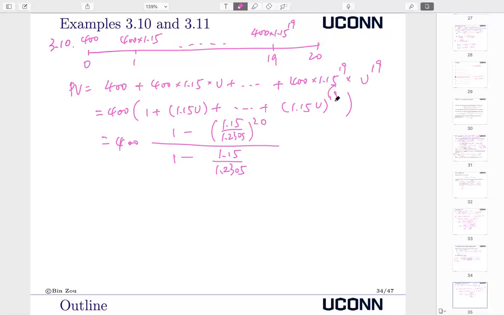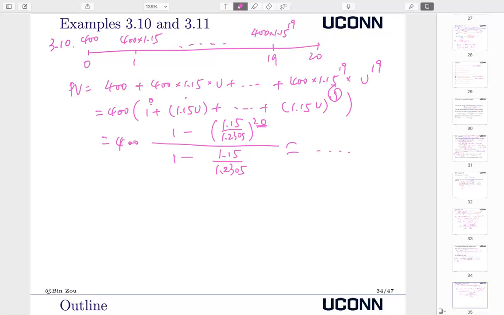Okay, it's not 19. 20 is the number of those terms. Right, this is order 0 to 19, so you have 20 terms. You can easily get the result, right? 10 seconds or 20 seconds at most.